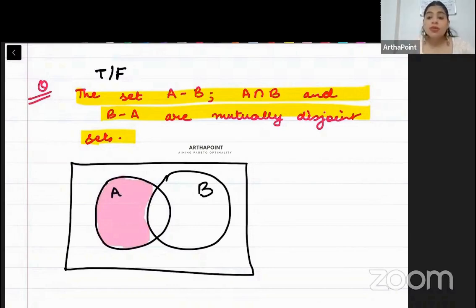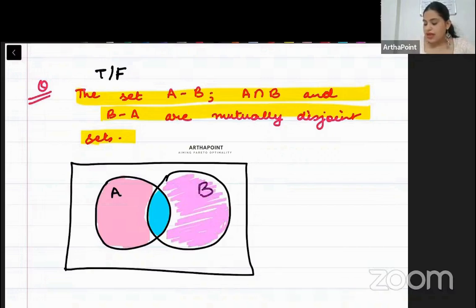Elements which are common between A and B. So elements common between A and B are these. What is B minus A? From B, you remove the A part. So B without A, which is this.